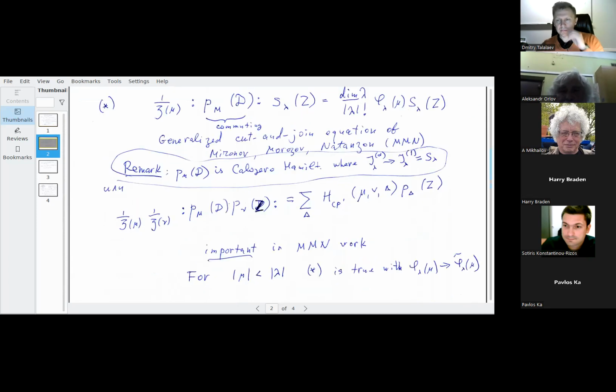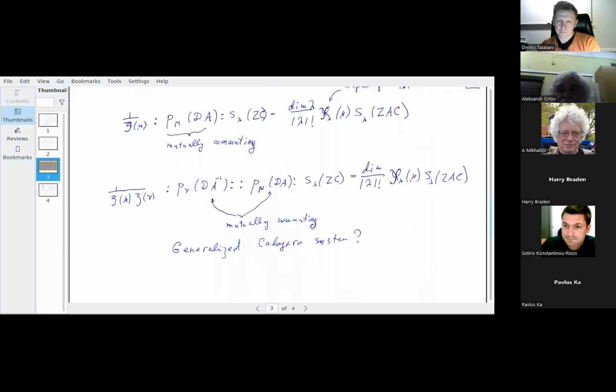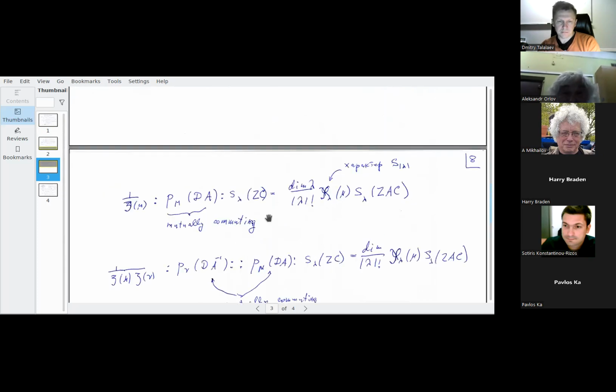And now consider the first generalization from this graph consideration with matrices. Let us add here A. The action on the Schur function of such an operator will be, we have not the same argument, but shift Z by A. Sasha, could you explain more precisely the simple case without A?